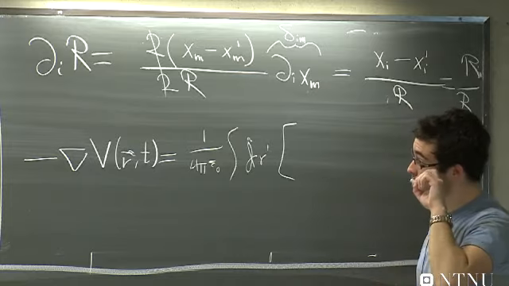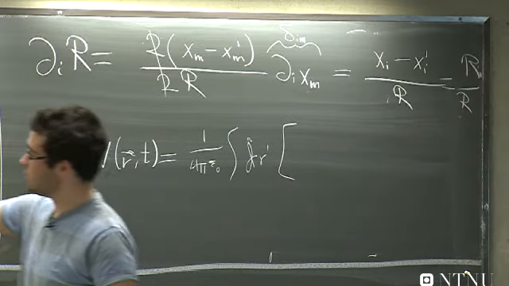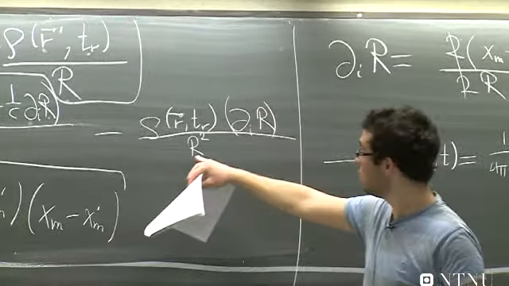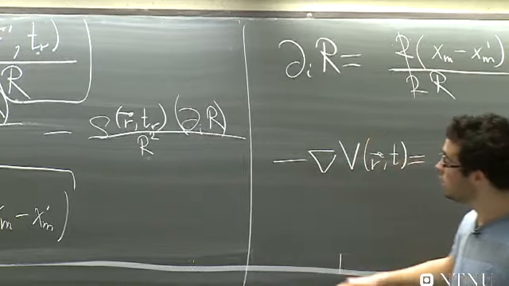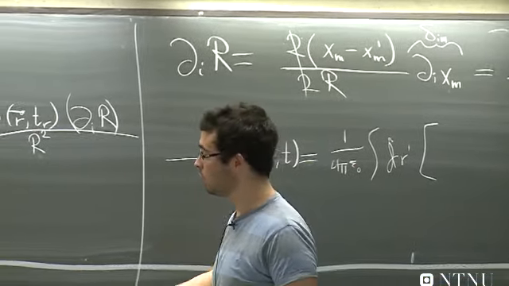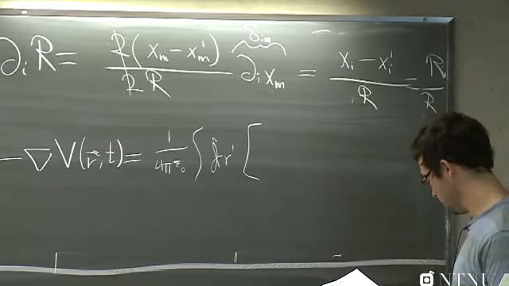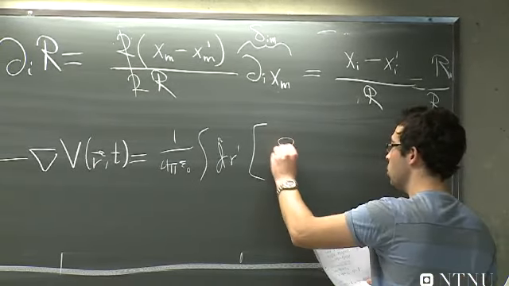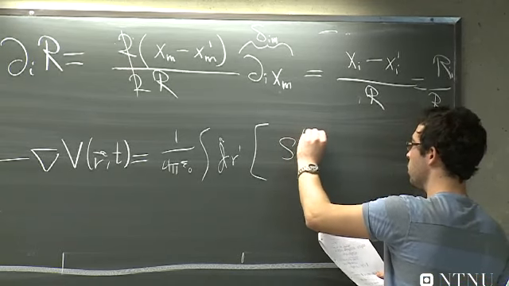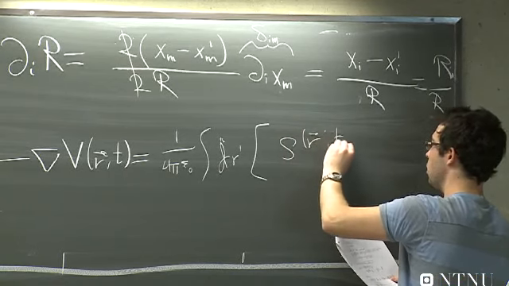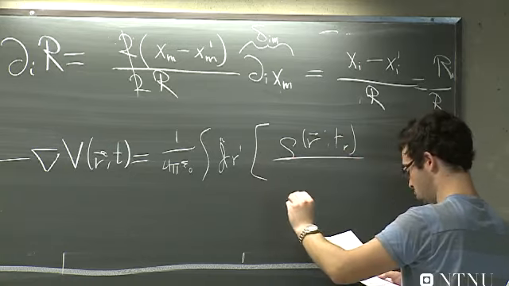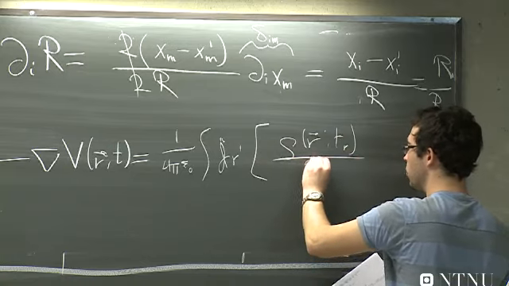I get one term that's on this form, and this other term here. Well, that follows from the product rule, right? And the derivation we did here. It looks like the following: rho of r prime, t_r, over r squared.